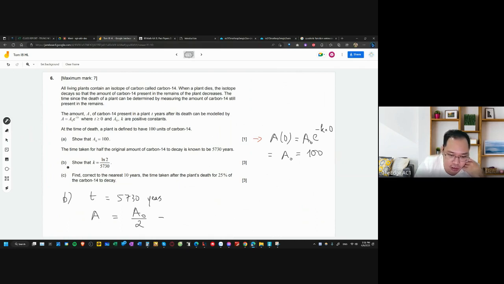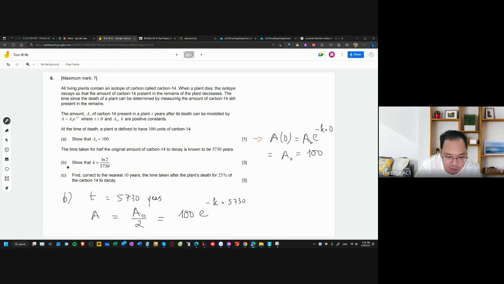Replacing A0 with 100 and e to the power of k, we need to prove k is equal to this expression, replacing the time t by 5,730 years.